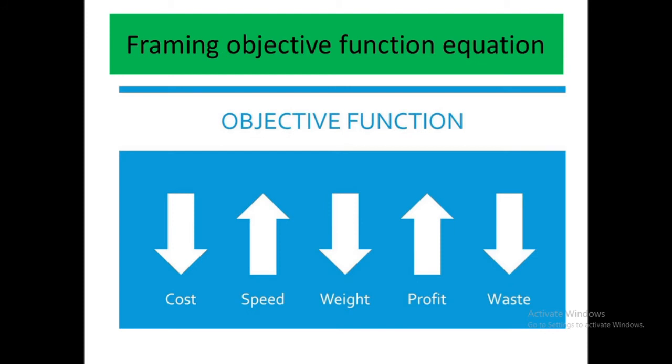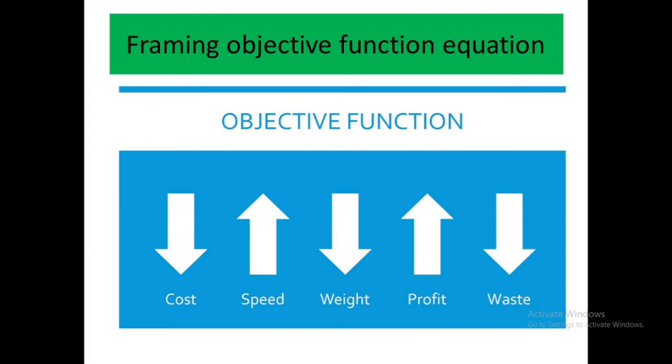Okay, and then framing the objective function. The objective function always deals with the company's profit, the quality of the product, the speed required to complete the travel, the weight of the objects, and the waste produced by the industries. Likewise, various objective functions are available in industries.